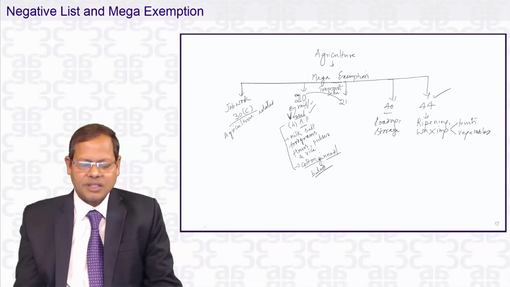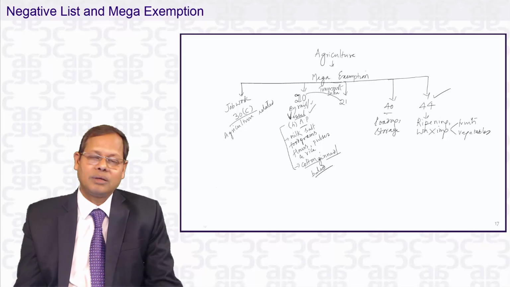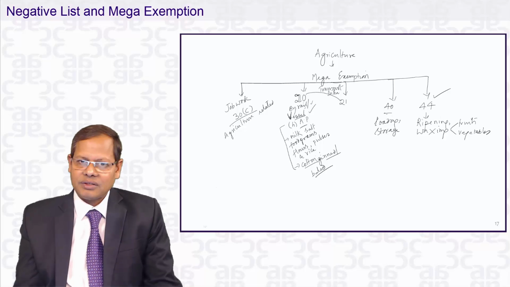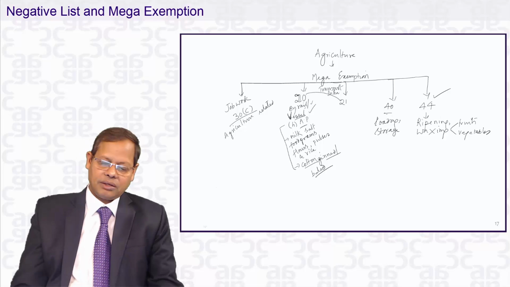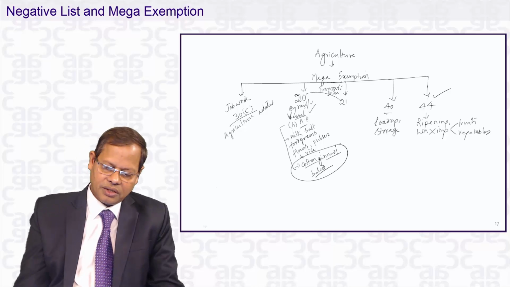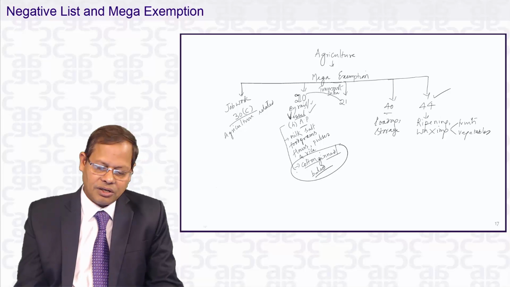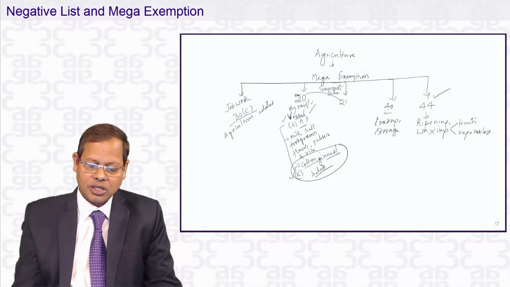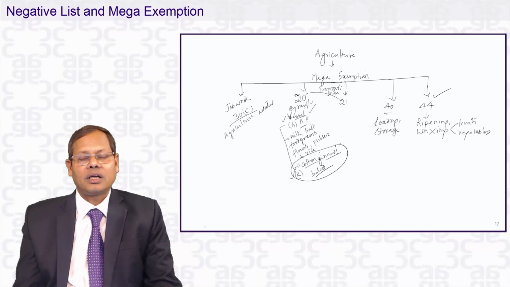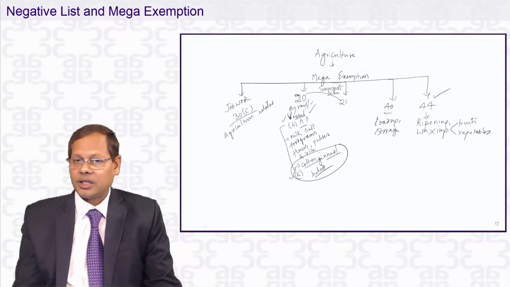But if it is ginned cotton, ginned, pressed or baled cotton means it is meant for secondary market. Probably they thought it so. So they put under negative list. So this is also a part of agriculture. And flours, etc. For cotton, ginned, etc. This is under clause K. So clause H and clause K are covered under entry number 20 relating to agriculture.